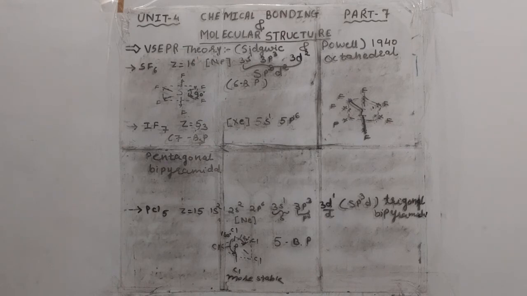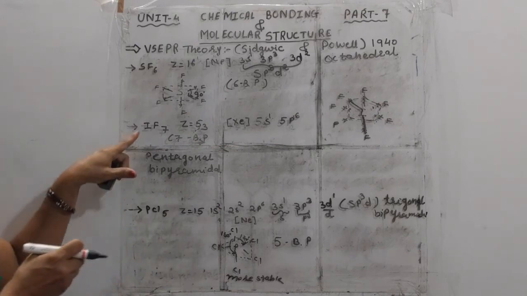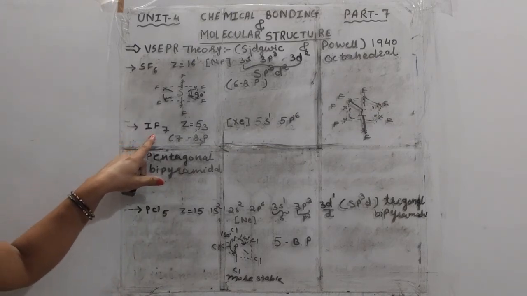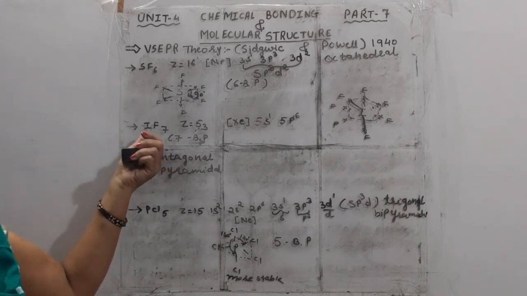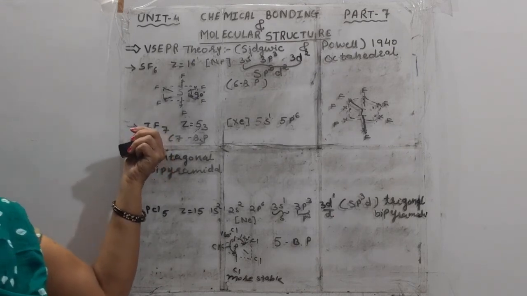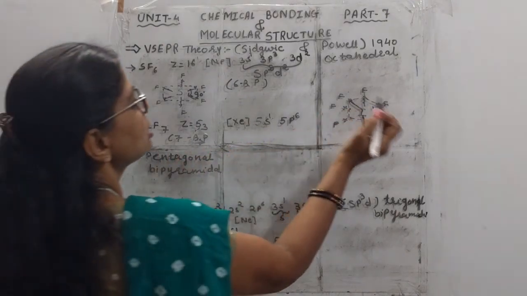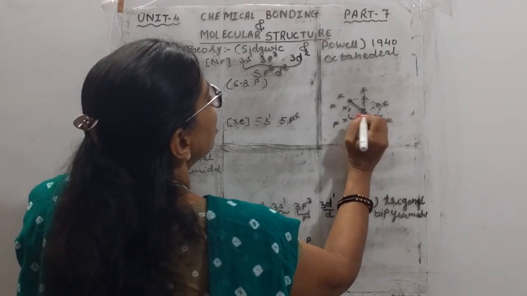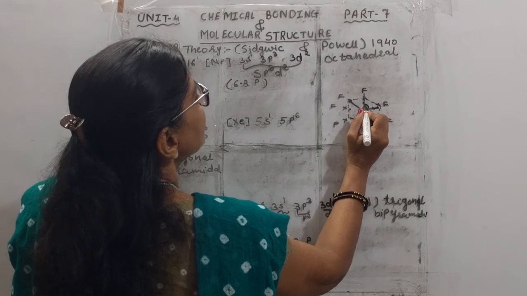So this way you can draw with the example of IF7 also. A number of examples you can draw. For IF7 it is not possible to find many, because such molecules are very rare, since both are halogen group elements. And here the bond angle is different.